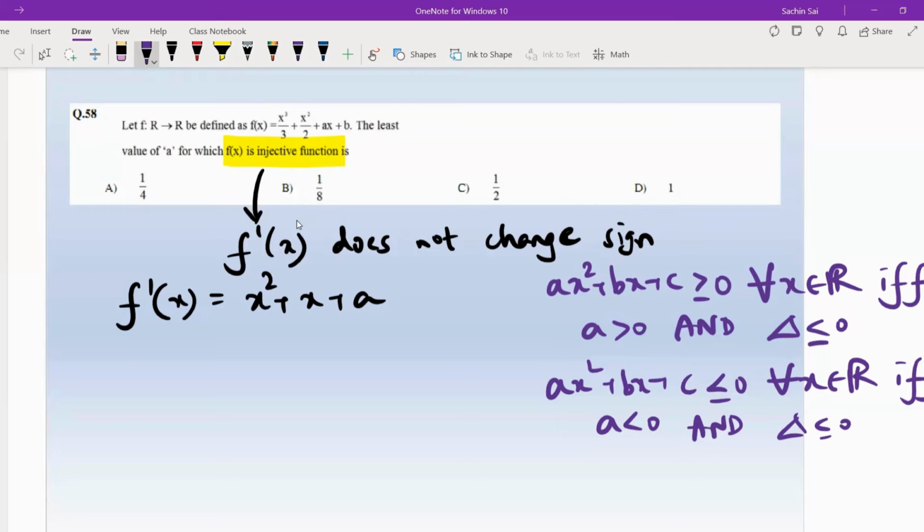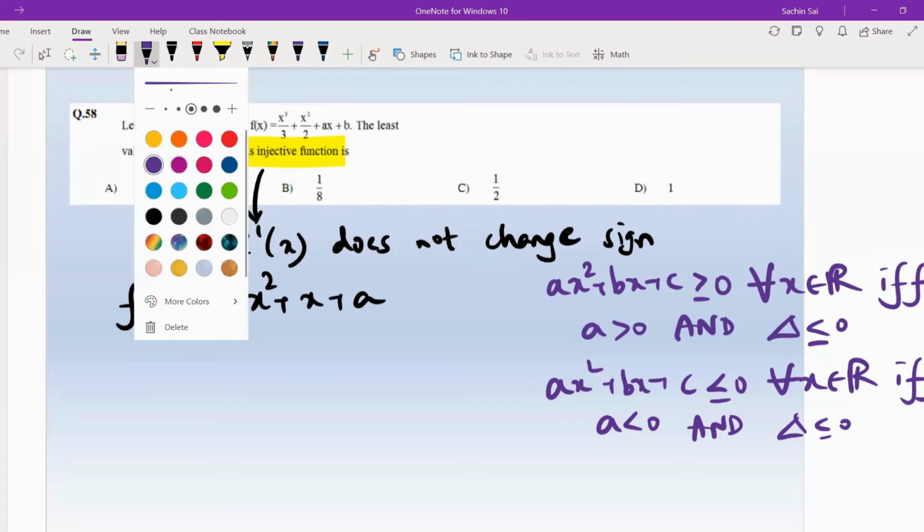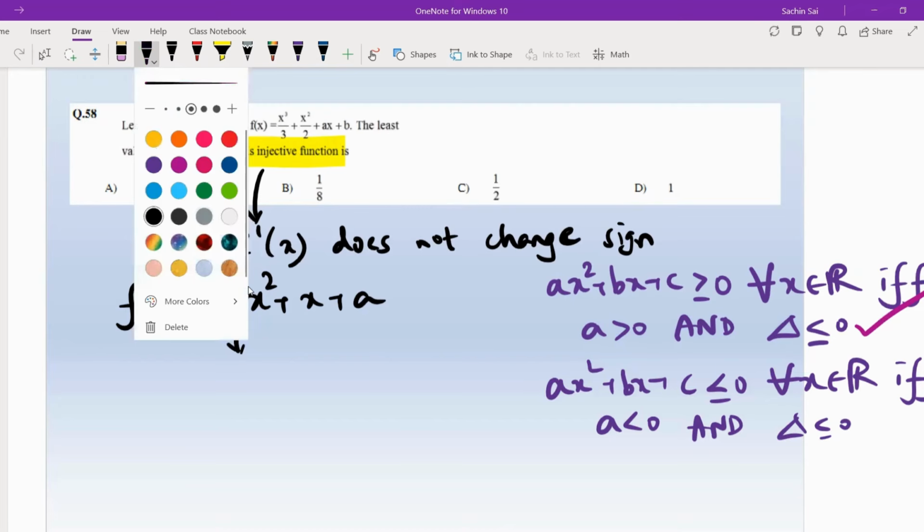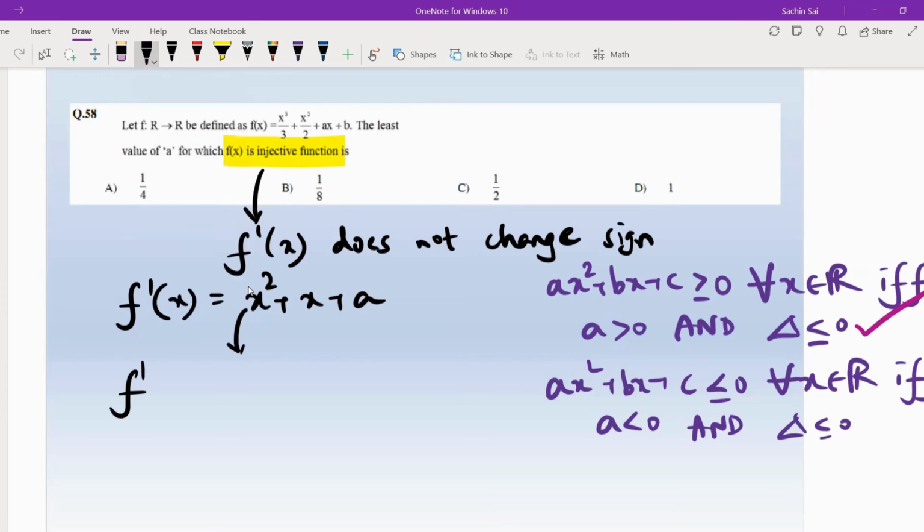Now, if you look at this derivative, the coefficient of x square is 1, which means it is definitely positive. So which case is applicable here? The case that is applicable here is this. If the derivative cannot change its sign, then it must be always non-negative.